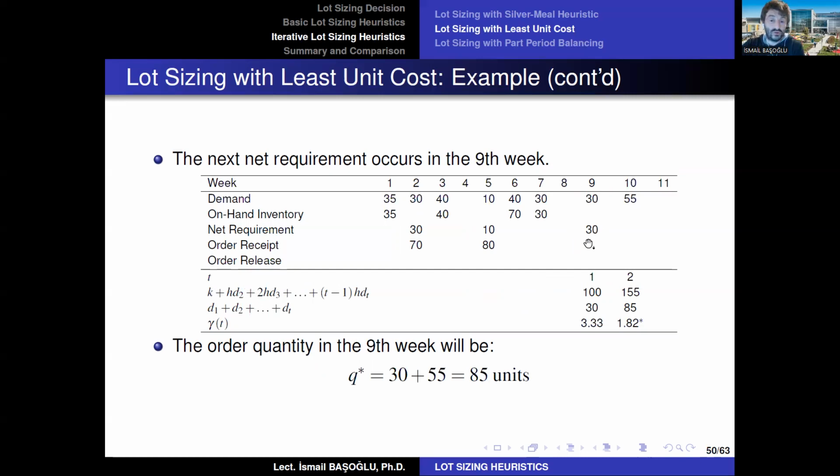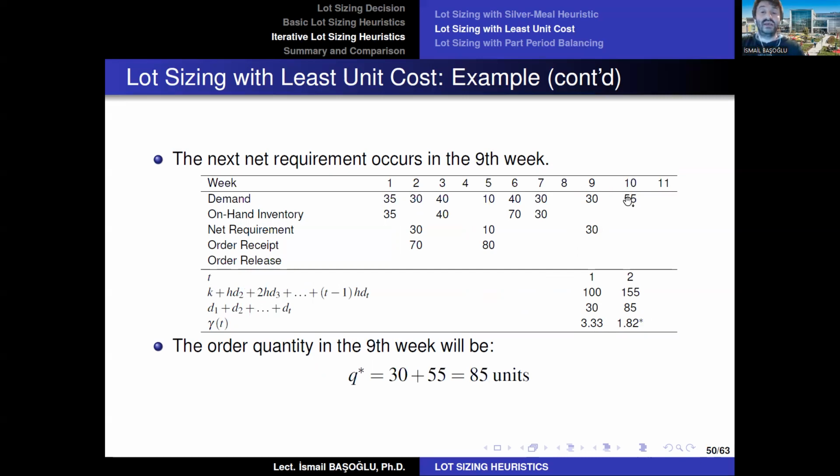Now, if my order received here only spans this period, then the fixed costs of $100 will be shared among these 30 units of demand. Again, we will have $3.33 of average cost per unit.